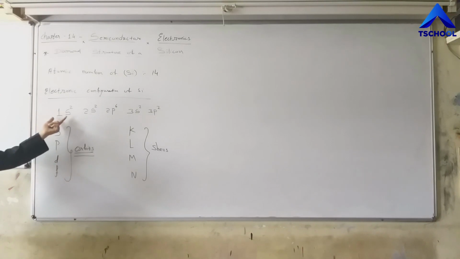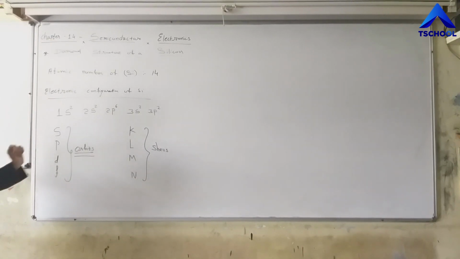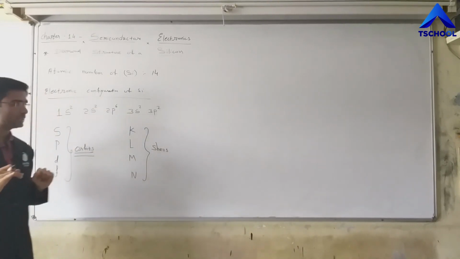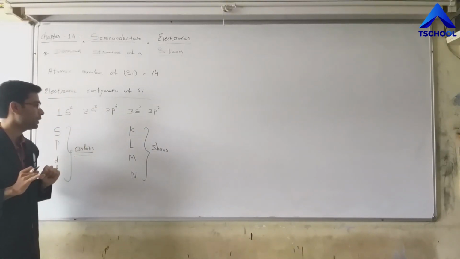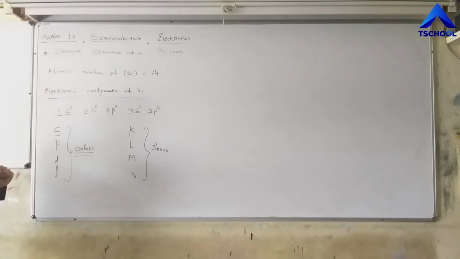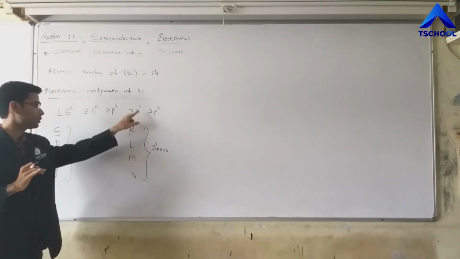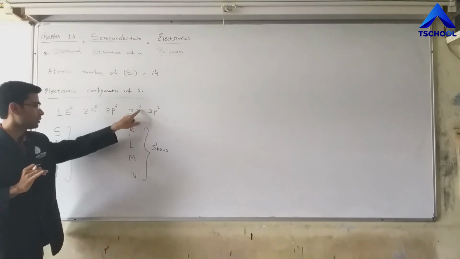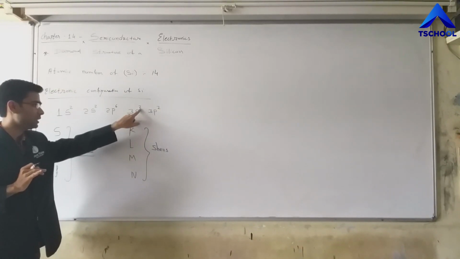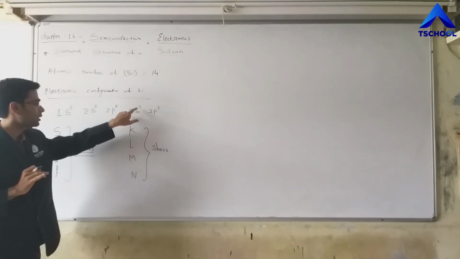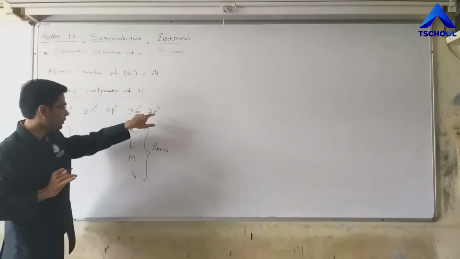Now 1s2, 2s2, 2p6 are completely occupied, completely filled. But 3s2, 3p2 are incomplete. In the s orbit the maximum is 2.